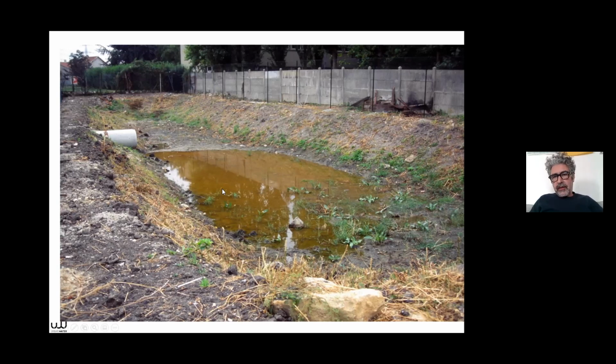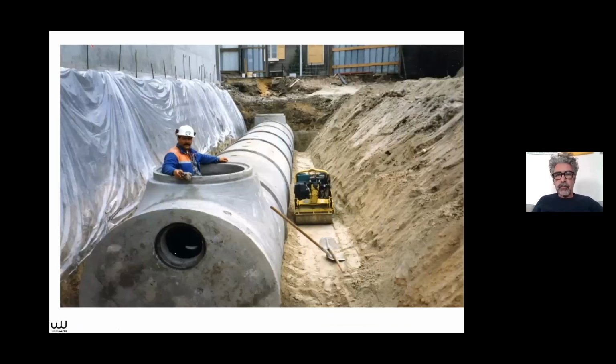So the water arrives, you can see the pipe, and the level goes up when it rains a lot. And then at the end of the rain, there's another pipe that we can't see, and that's where the water goes out at a regular flow rate so that the sewage system is not saturated. And it's really not very pretty.